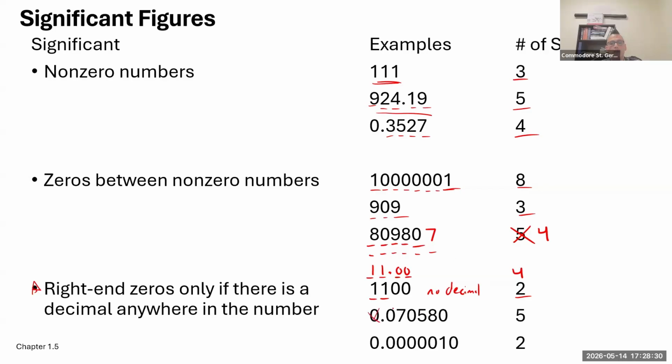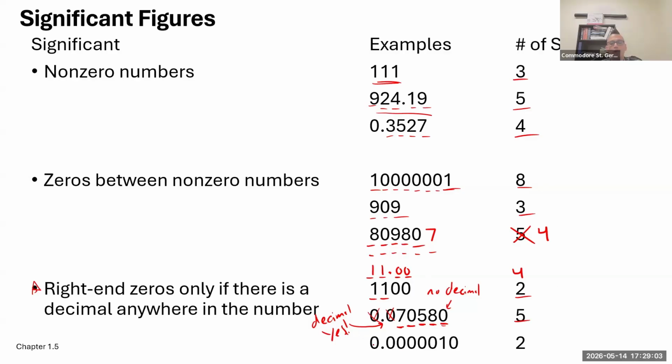This one, not, because those are left end zeros. Let's try this one. 1, 2, 3, 4 for sure. We're good with 4. But we have to look at this one now. We see that right end 0. Are there any decimals in the number? Right, there is a decimal. Decimal, yes. So we have to include that. So it's 1, 2, 3, 4, 5.